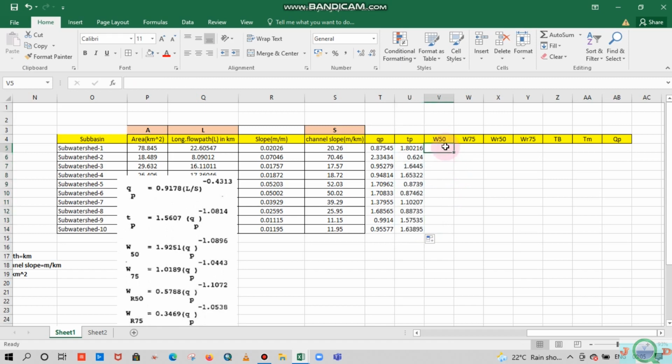W50 is the width of the unit hydrograph ordinate for 50% of the peak.